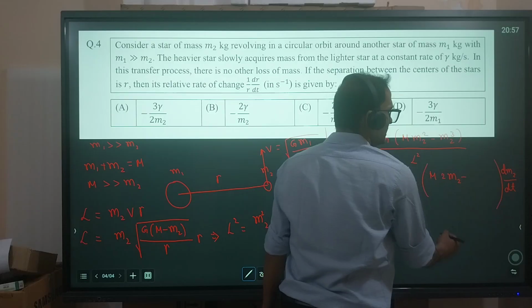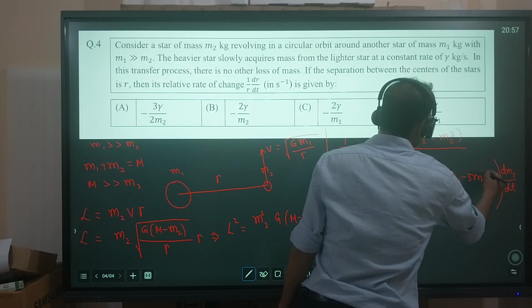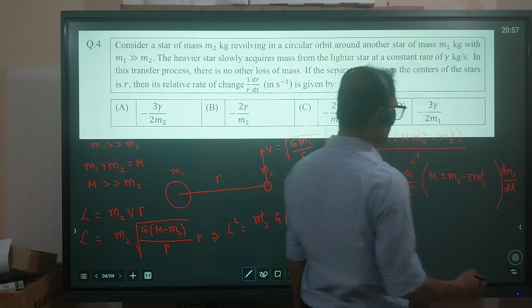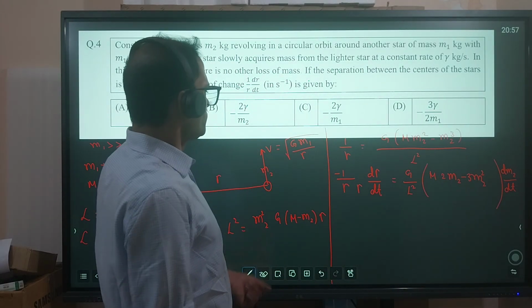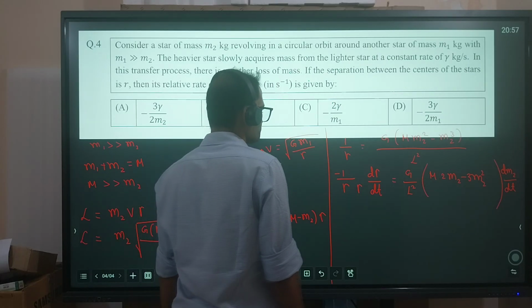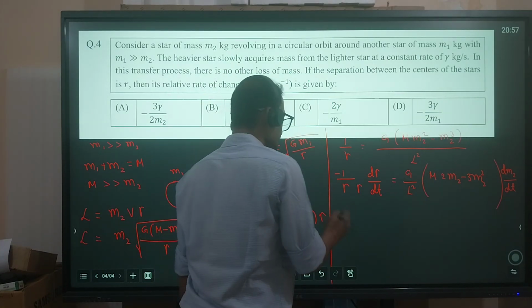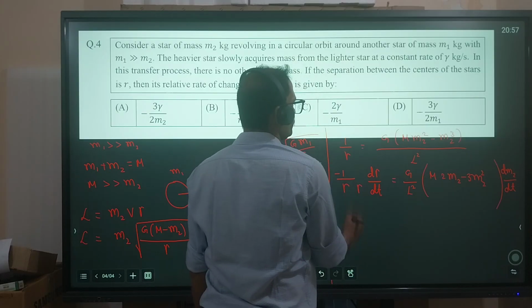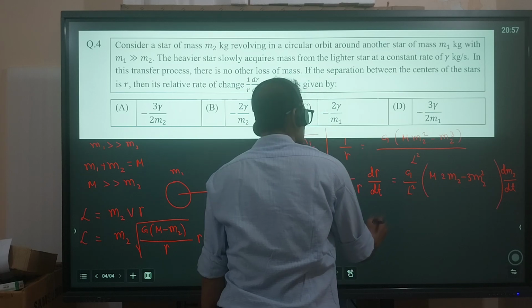And if you differentiate it, you will get 3M2 square dM2 by dt. So what are the things we have? Minus is minus. Minus I will write. Instead of 1 by r, I will write this whole thing, G capital M. Sorry.